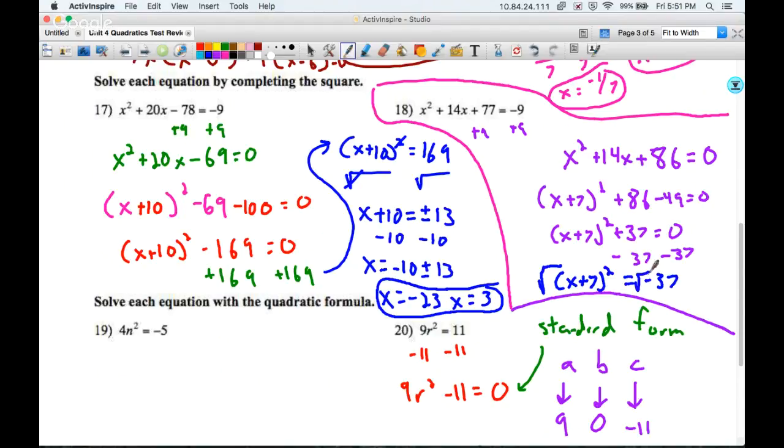Take the square root, and we've got, I'll write it real small over here, x plus 7 equals square root of negative 37. I'm going to subtract 7, subtract 7. Final answer, here it is. X equals negative 7 plus or minus the square root of 37i.